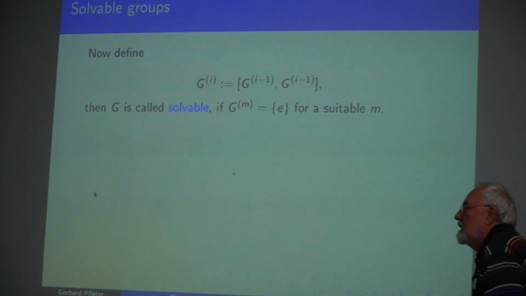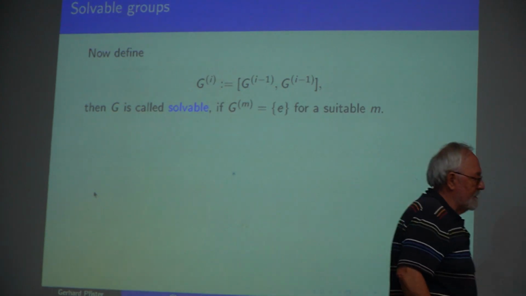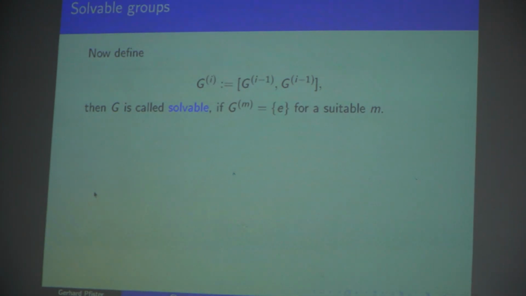In the nilpotent case we have the commutator of G_(i-1) and G, and that was G_i. In the solvable case, you take the commutator of both subgroups instead of the commutator with the whole group.